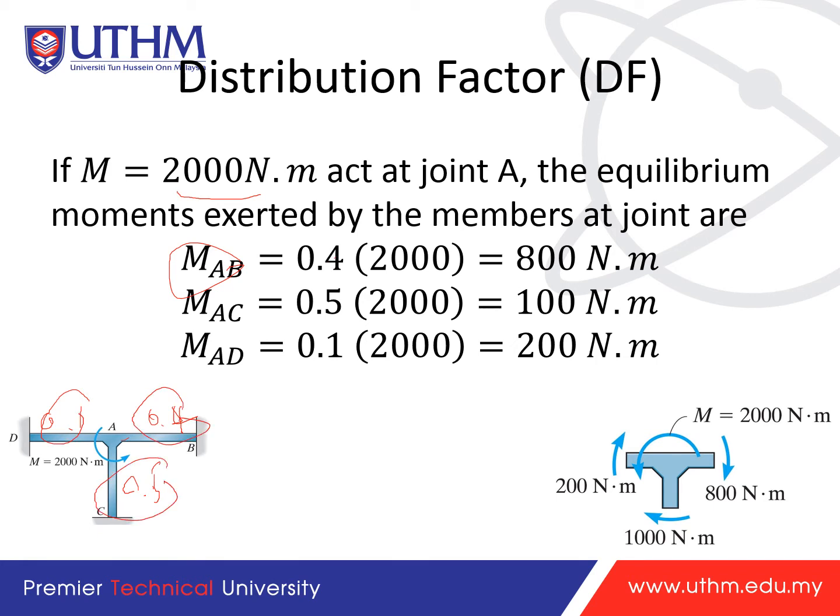So 0.4 times 2,000 gives you 800 Newton meter. At MAC you will get 1,000, and here you will get 200 Newton meter when a moment of 2,000 is applied. This is the distribution factor, how you distribute the moment to these members. It is K over total K.